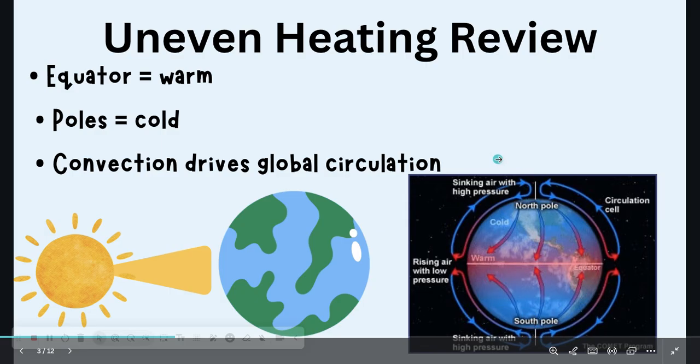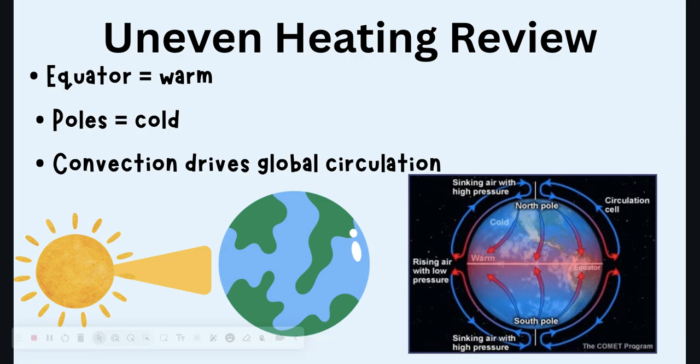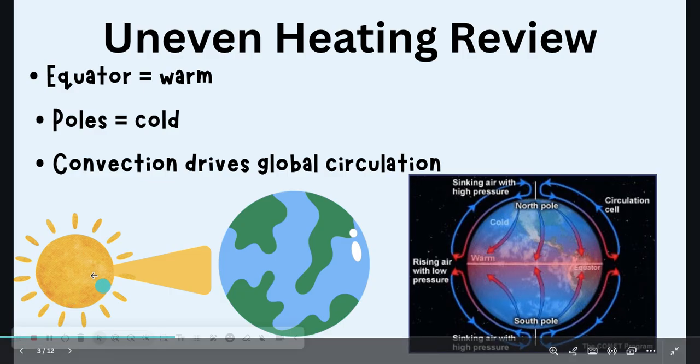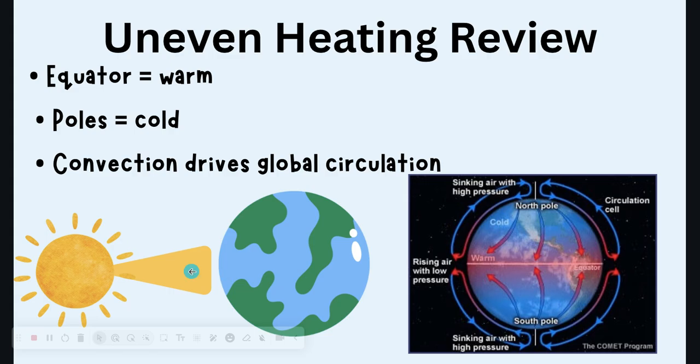So convection is what drives the atmospheric circulation, okay? And just remember that warm air rises and cold air sinks. And this is just a picture like what we did last week with the globe, that most of the direct sunlight is hitting the equator.